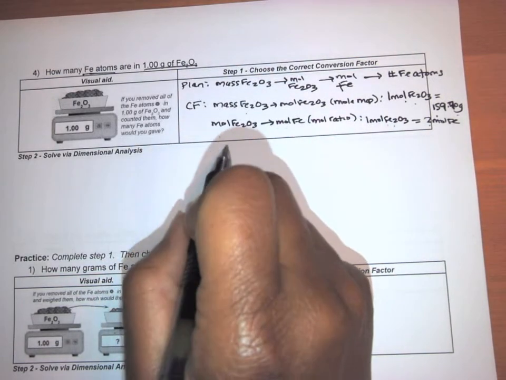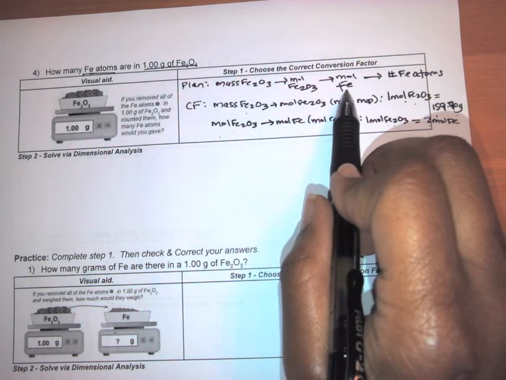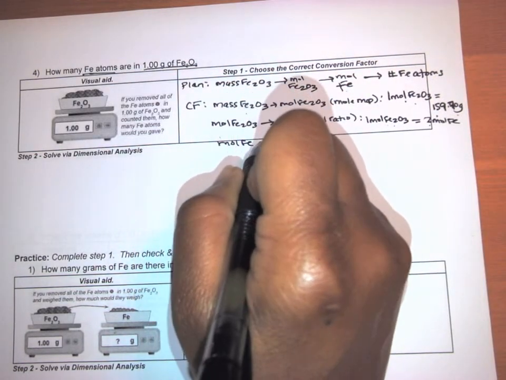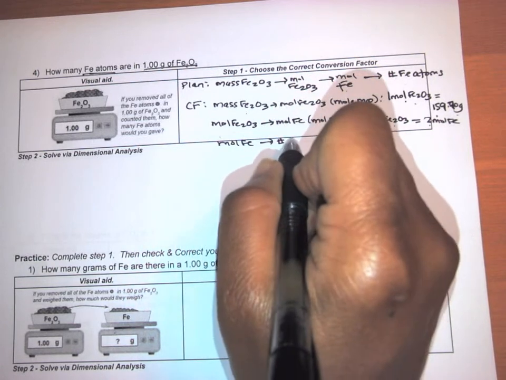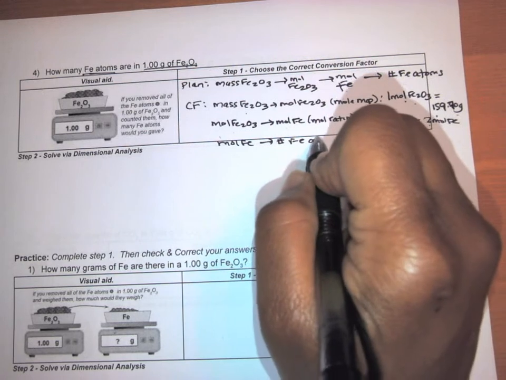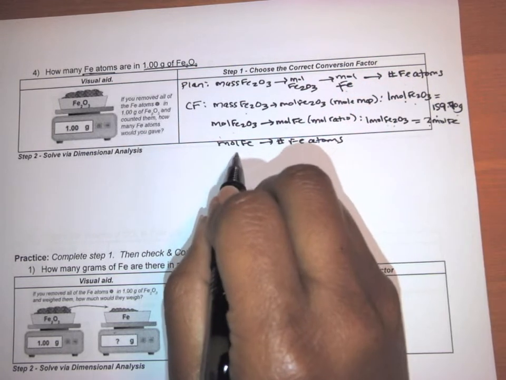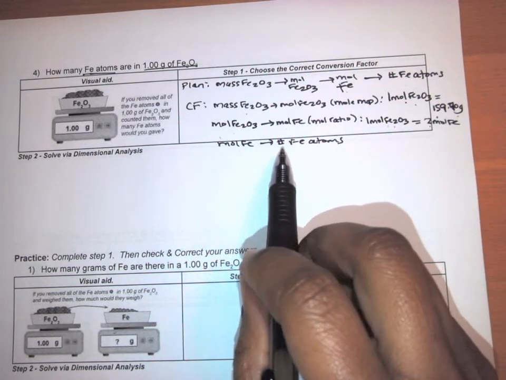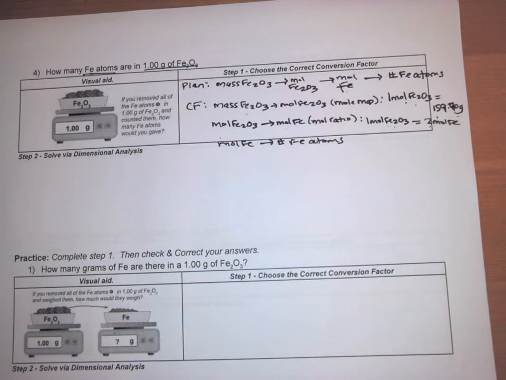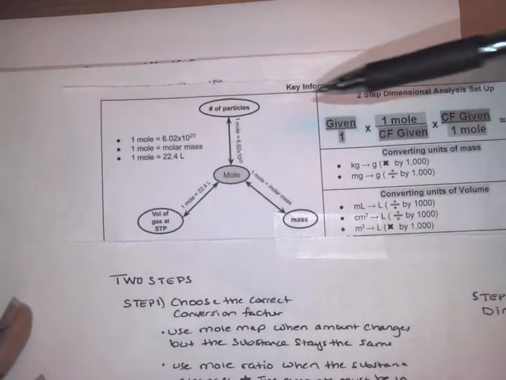All right, now we're going to do the last one, which is going from moles of Fe to number of Fe atoms. Now, in this case, the substance is the same, but you're just changing the amounts from moles to number of atoms. If we go to our mole map, we're starting at moles.